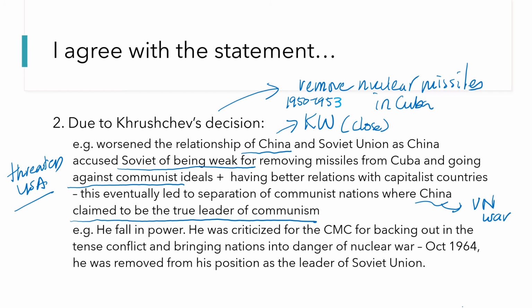Now moving on, Khrushchev unfortunately fell from power. He was removed from his position and put under house arrest until his death. So these were the negative impacts of removing the missiles from Cuba itself.